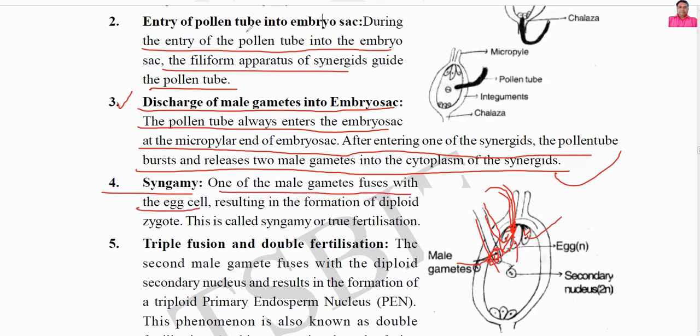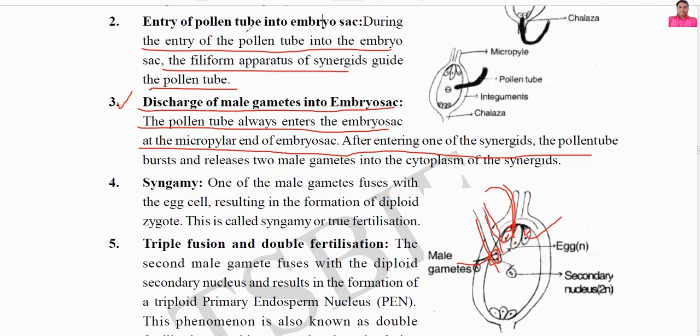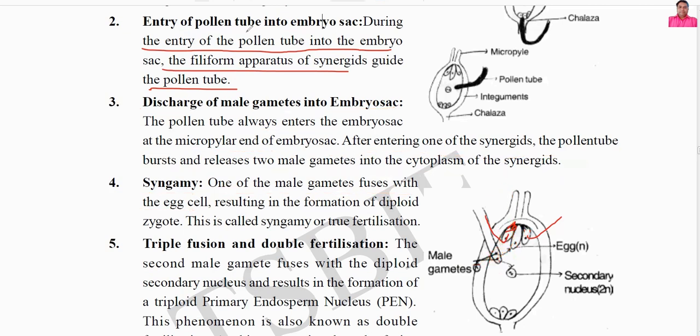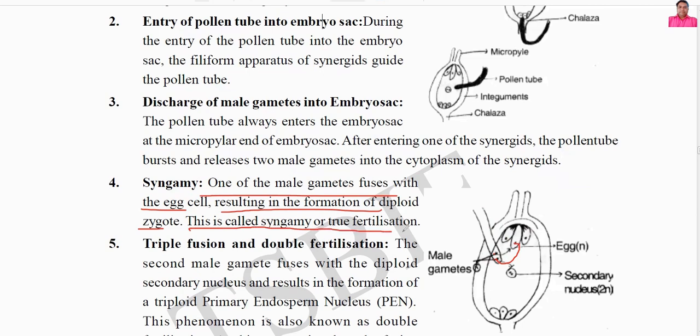One of the nuclei is fused with the egg cell, resulting in the formation of a diploid zygote. This is called syngamy or true fertilization. This is the most important. Why? Because one of the male gametes is fused with the egg cell.